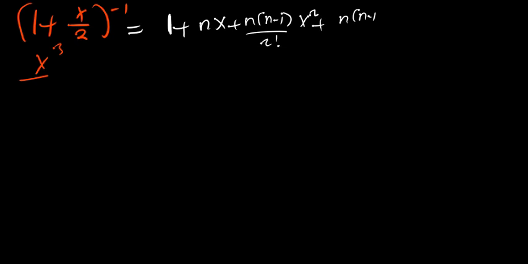Just writing this formula, they give a mark. So n is -1, x is x over 2. Who is behind on how to find n and x?